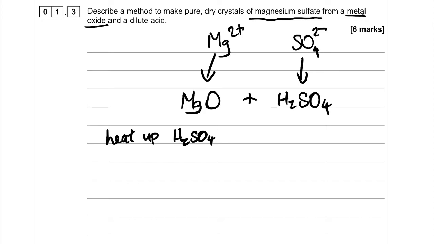When you heat up the acid with the solution, it's gonna, first of all, increase the rate of reaction of the magnesium oxide, and second, it's gonna make the magnesium oxide more likely to dissolve. So then after heating up, you want to add the magnesium oxide and ensure the magnesium oxide is in excess.